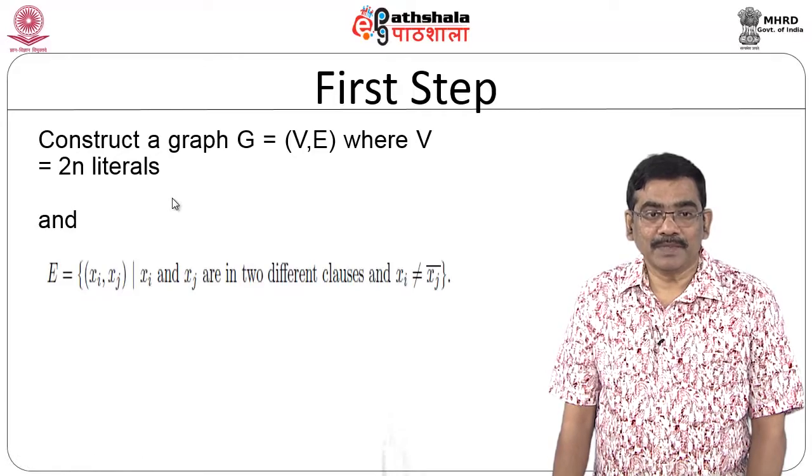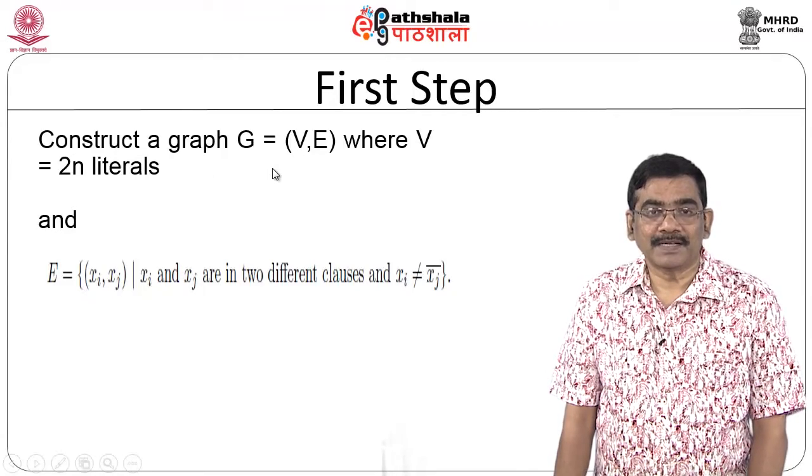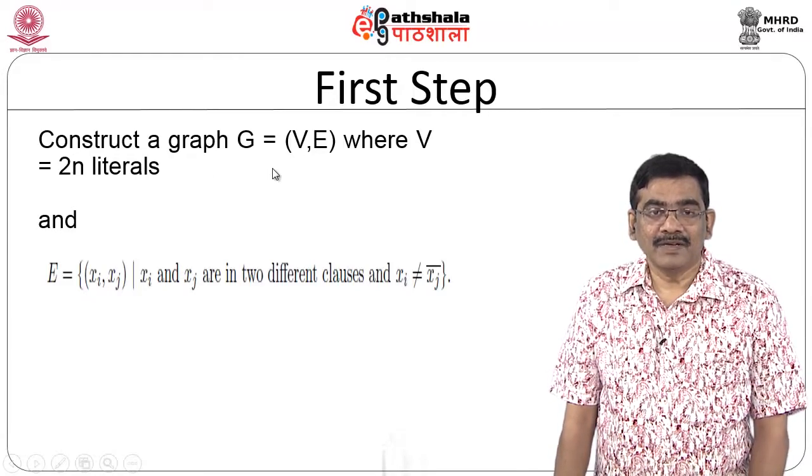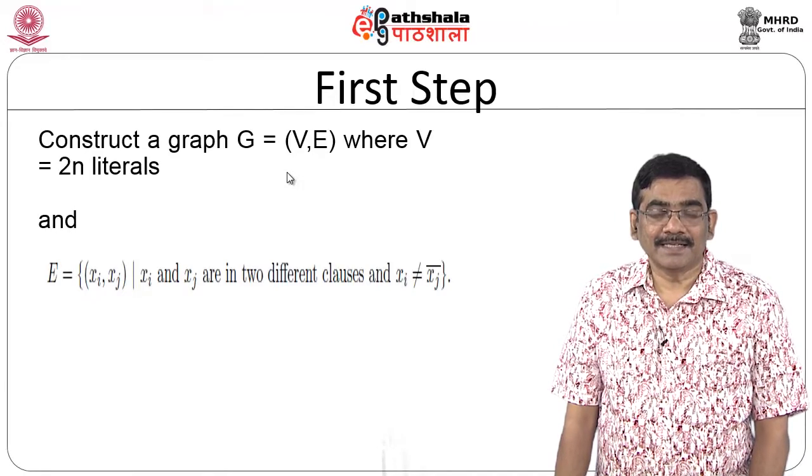So, what we are going to do is construct a graph using the formula. The formula has literals. You can recollect that literals involve both the original as well as its negation, that is x1 and x1 bar.